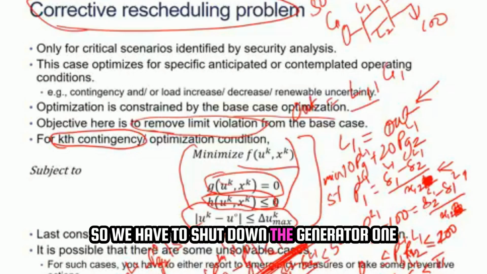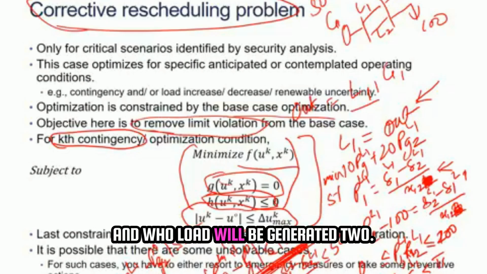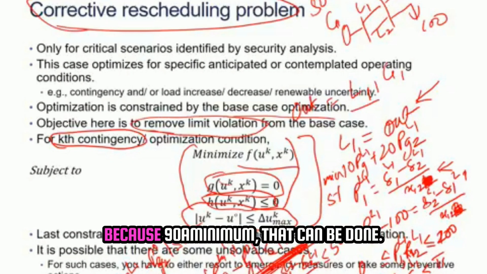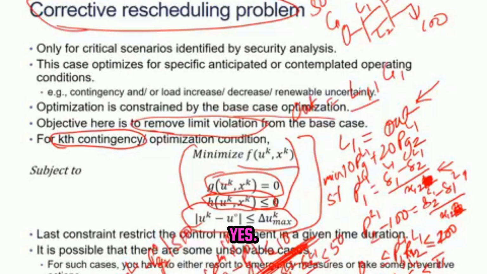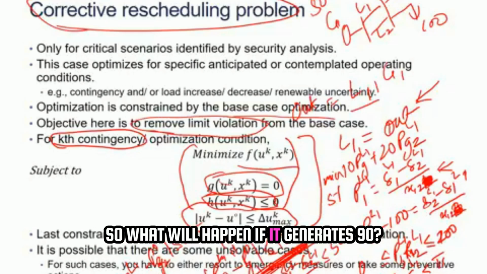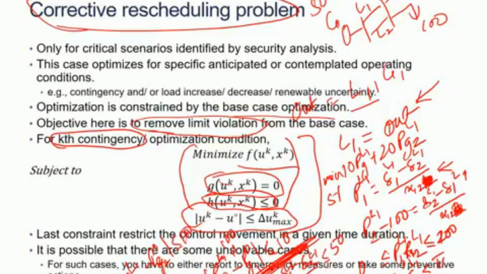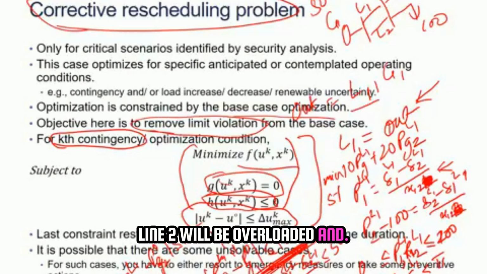We have to shut down generator 1 and the whole load will be on generator 2, because 90 is the minimum that can be done. Line 1 is already out. So what will happen if it generates 90? Line 2 will be overloaded.